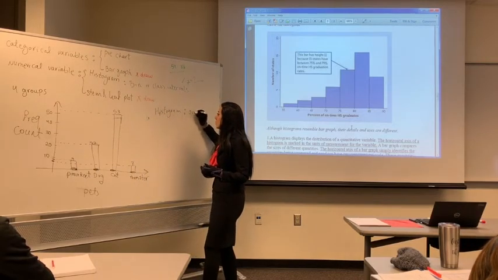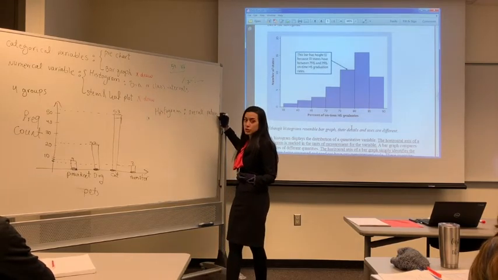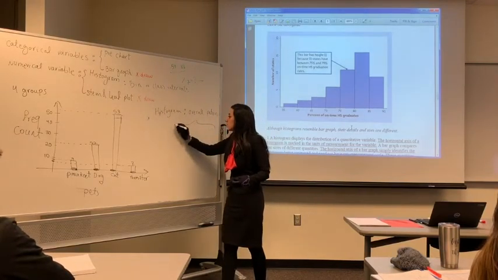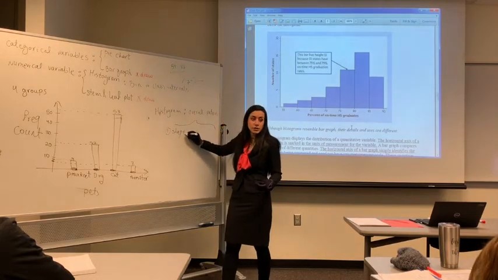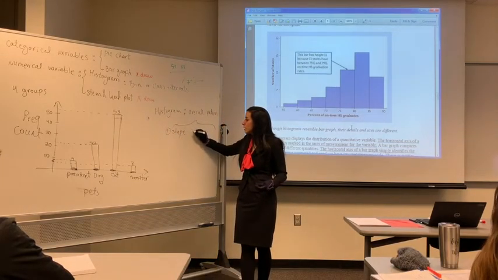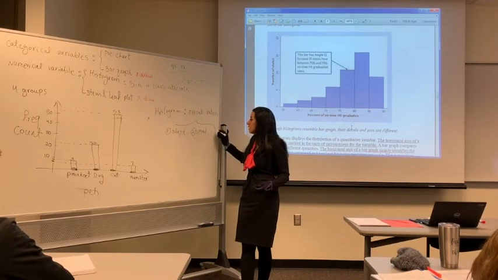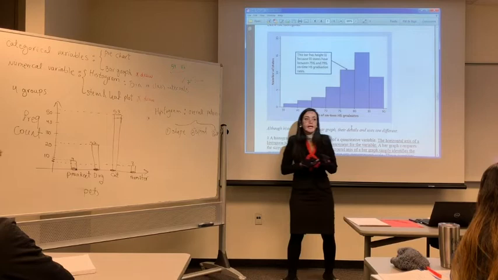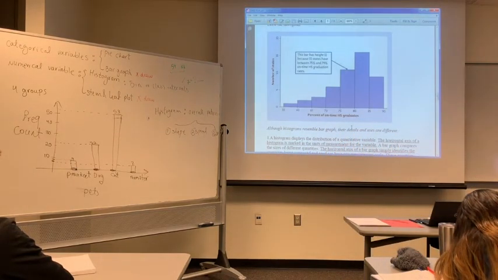If you want to talk about the overall pattern of a histogram, we can talk about three things. One is the shape of the histogram. Then we can talk about the spread. Then we can talk about the center. Shape, spread, and center. These are the things we can talk about if you want to interpret the histogram.